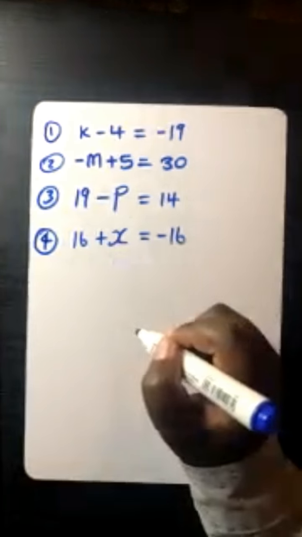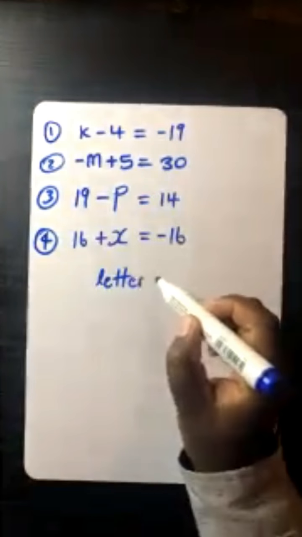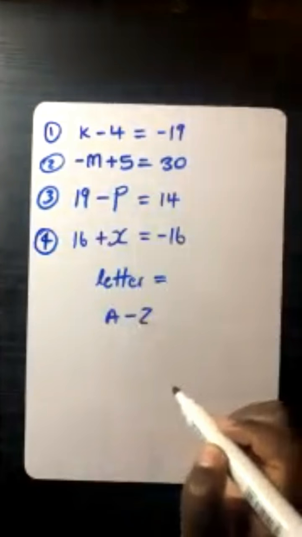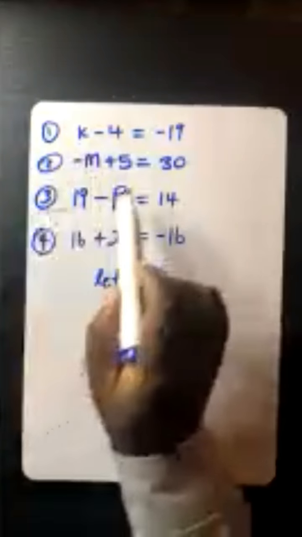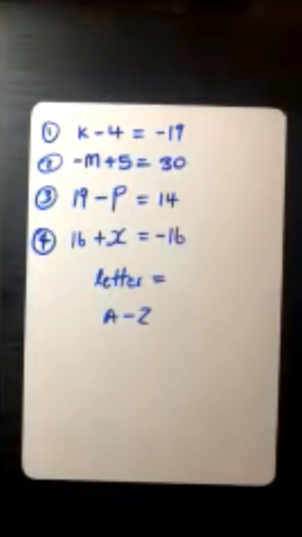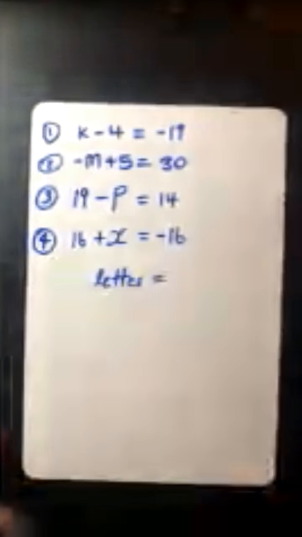And with my explanation from our very first lesson, I indicated that an unknown is represented by a letter, which could be any letter from A up to Z. Can you see on my first equation, the unknown is represented by letter K. On the second equation by letter M, third by letter P, fourth by letter X. So, Shreyas, do you now see that we make use of the letters to represent the unknown?